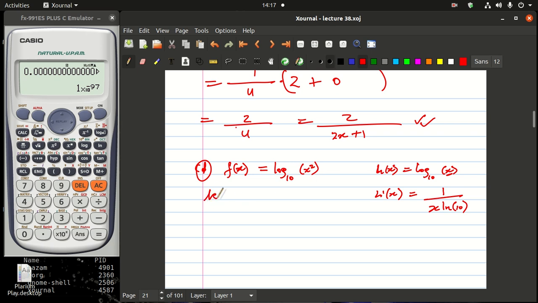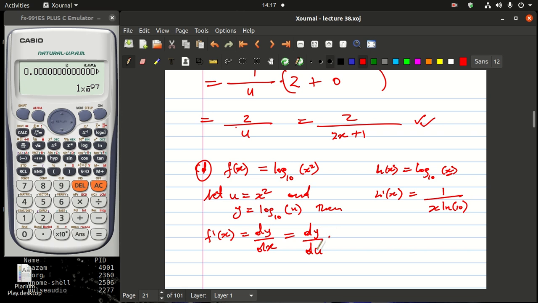So I am going to let u be what is sitting in the value of x, and then I say my y is going to be the same function log base 10 of, I'm going to replace that thing by u. I have a u. Then my f prime of x is going to be dy dx. But now my y is not in terms of x, it is in terms of u, so we'll end up having dy du.